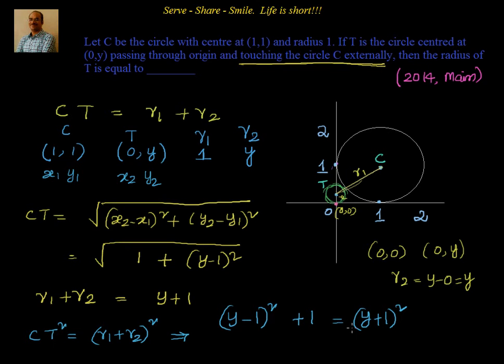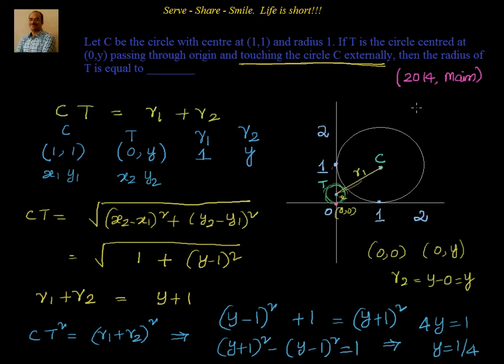If we simplify that, we will get (y plus 1) whole square minus (y minus 1) whole square is equal to 1. We know that (a plus b) whole square minus (a minus b) whole square equals 4ab. I can write down 4y equal to 1, or y equal to 1 by 4.